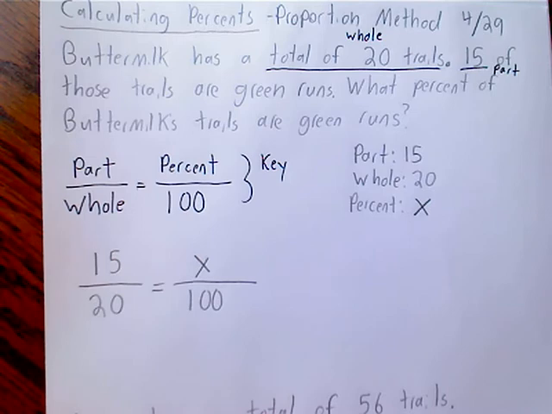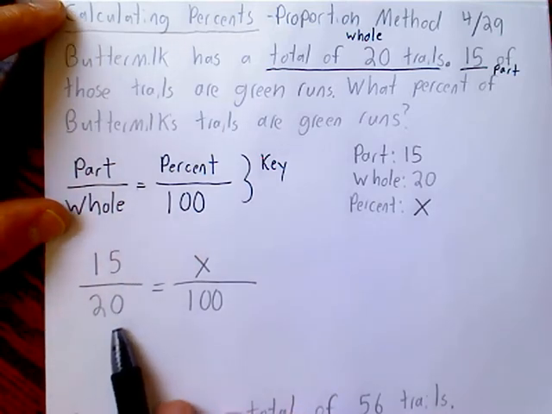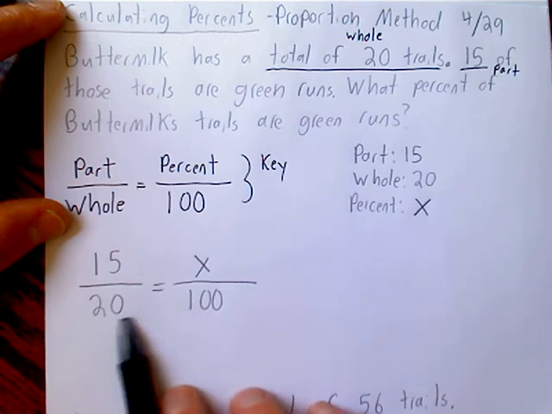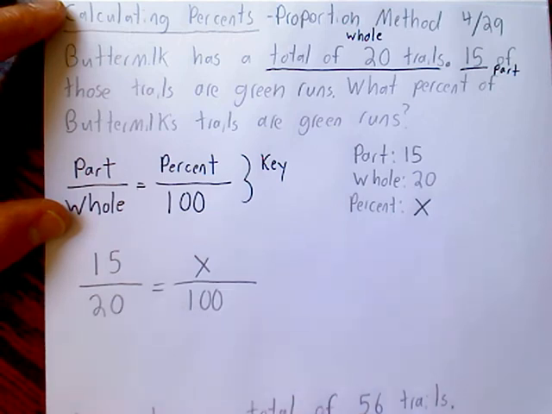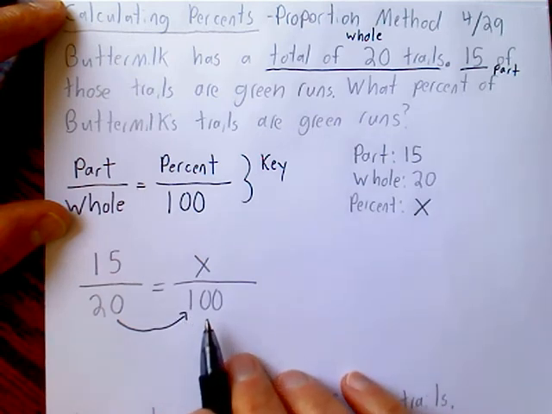This should look really familiar to what we've been doing for the last few weeks of setting up a proportion and solving for the unknown. In order to do that, we're going to look to see if there's a relationship. Is there a relationship? Yes. Remember, it's really important that we're remembering all the factors of 100.